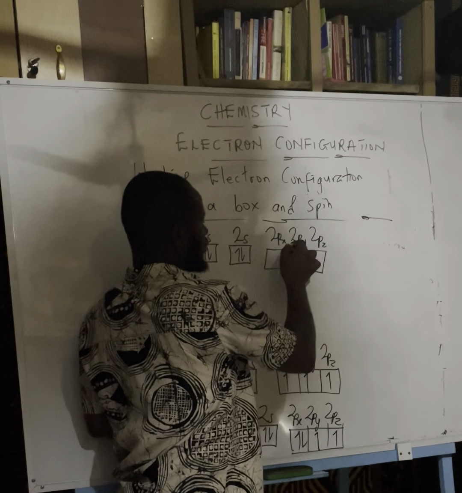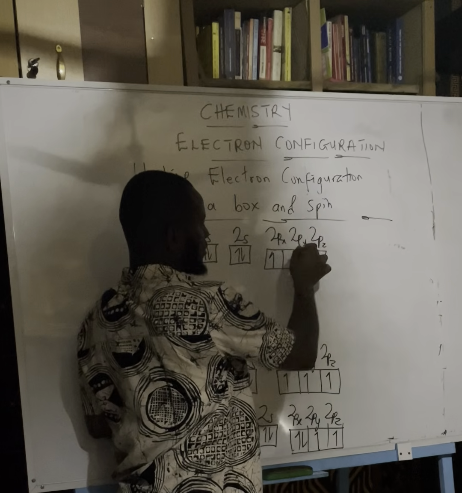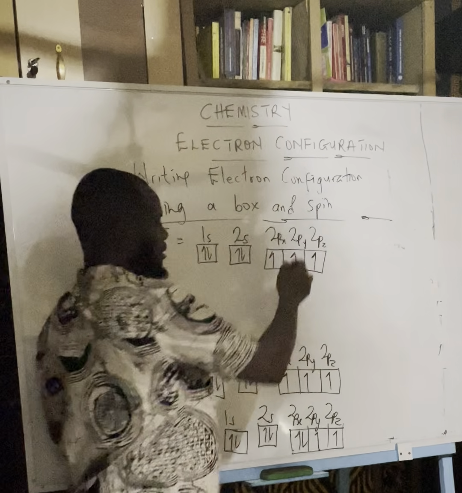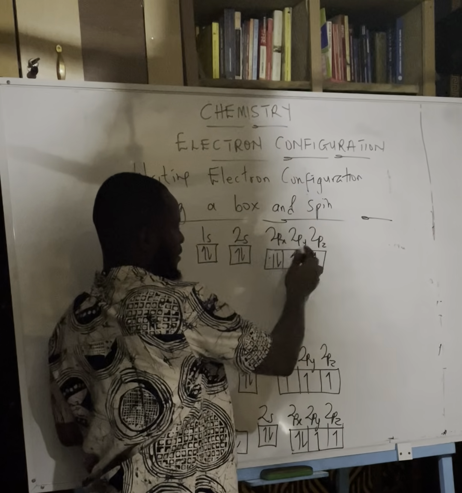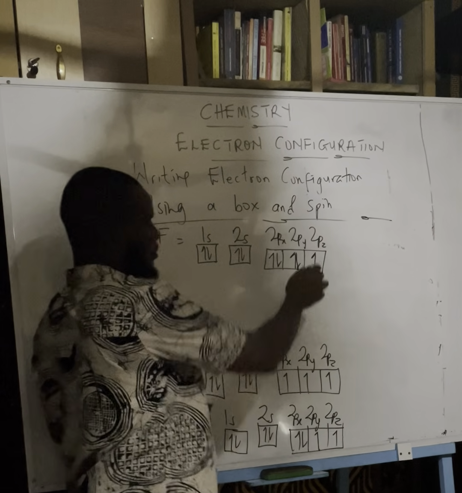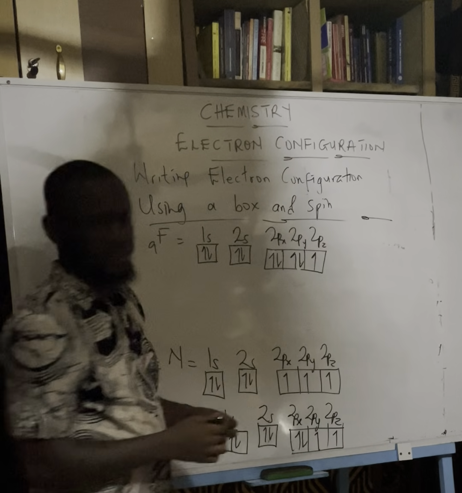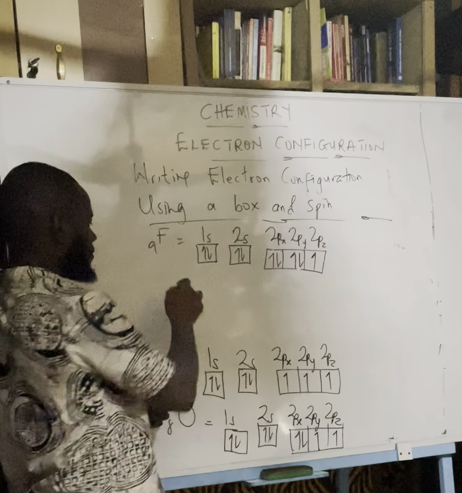We draw our boxes. Take 1, so take 1, which is what? 7. And come back, give this one 1, give this one 1, making this one alone. Then we come to neon.